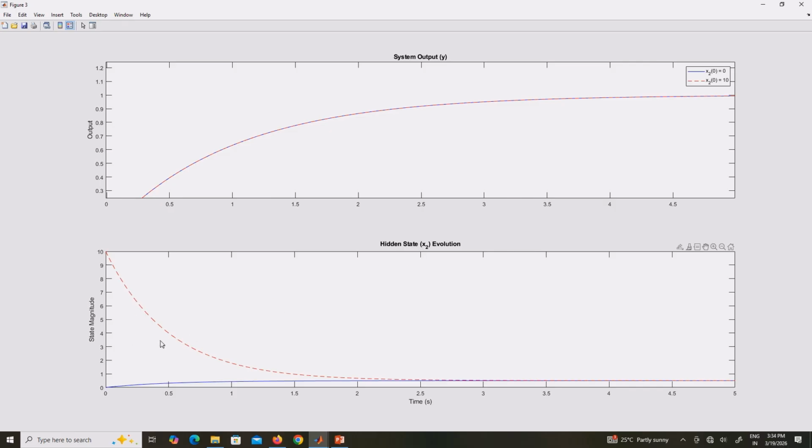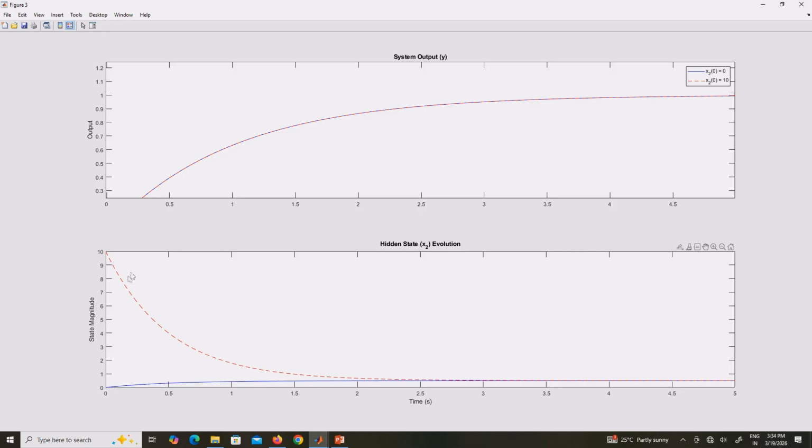The dotted lines here are the case when the initial condition was [0, 10]. So, x2 is starting from 10 here and then it is decaying, it is going down, and the other case was when the initial condition was [0, 0]. So, x2 is 0 here and this is how it is running.